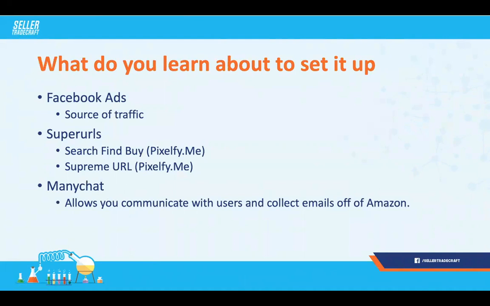Super URLs are basically different URLs that juice Amazon's algorithm just a little bit more than using a regular URL when they're driving traffic. You'll understand what I mean as we go through this, and I'll dive into why the super URL is stronger than just a regular URL. And then ManyChat is just this new thing that Facebook released that really allows you to be more interactive with customers on Facebook.